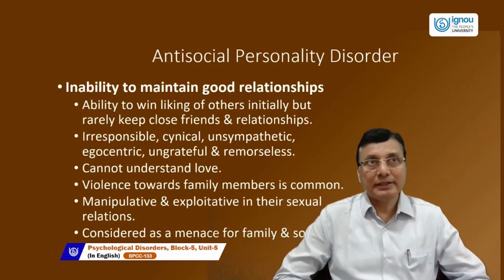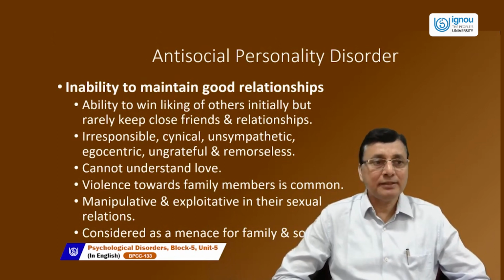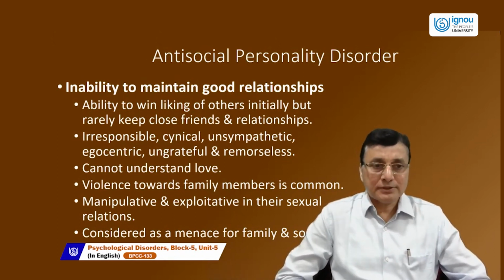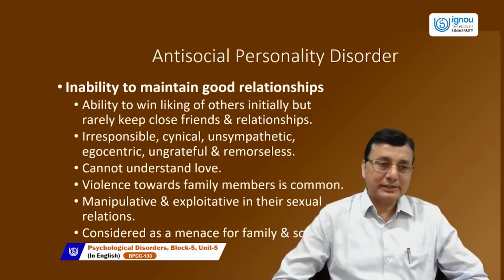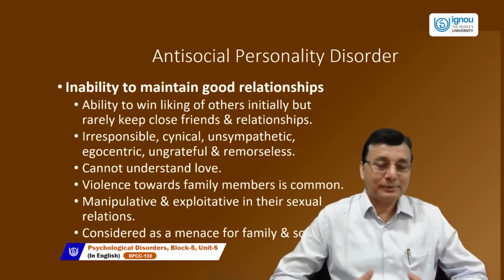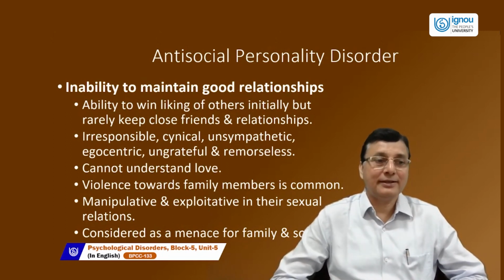Inability to maintain good relationships, ability to win the liking of others initially, but rarely keep close friends and relationships. Irresponsible, cynical, unsympathetic, egocentric, ungrateful, and remorseless. Cannot understand love, but they show lots of love and affection, though they do not understand it at all.